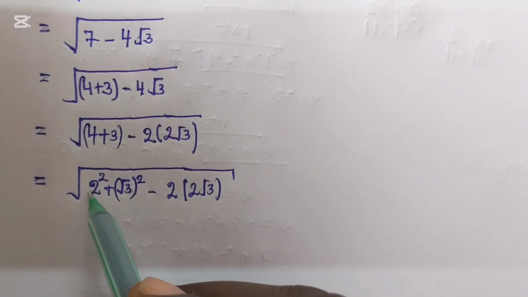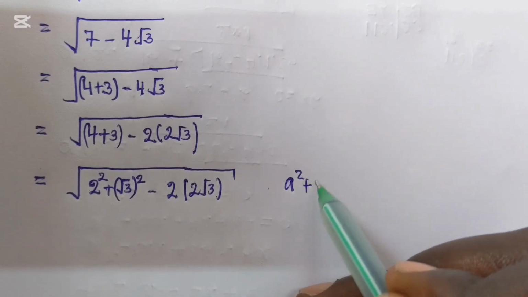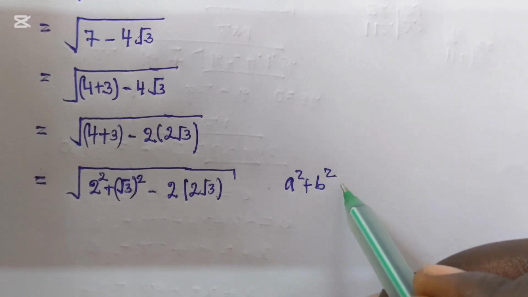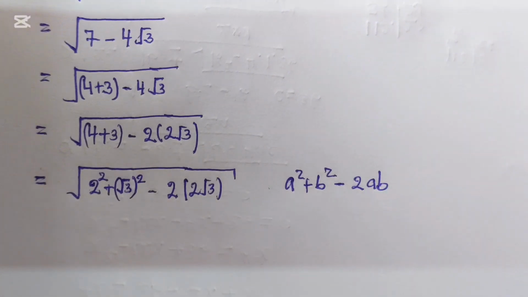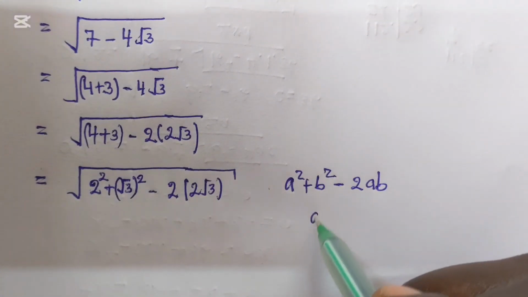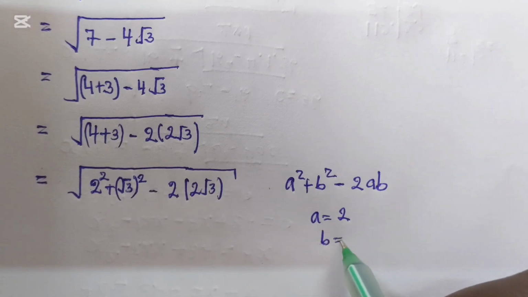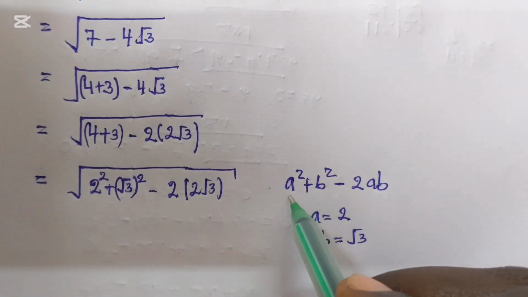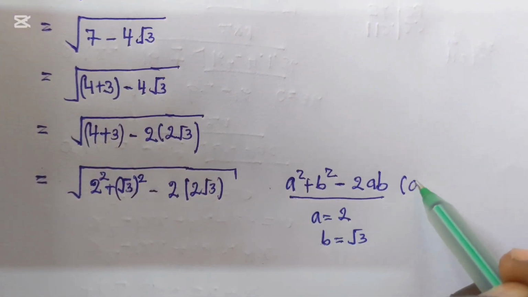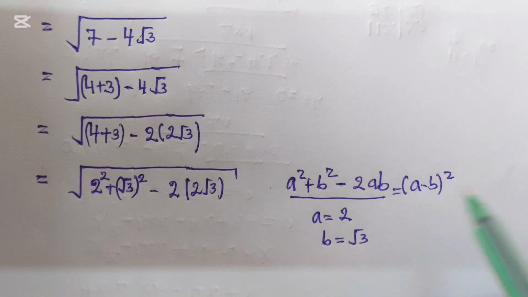Now this looks as a squared plus b squared minus 2ab, to mean our a is equal to 2, okay, and our b is equal to square root of 3, so that this one is equal to a minus b squared, okay.